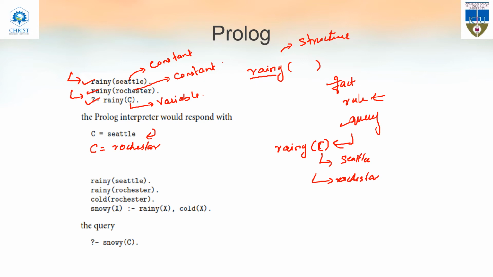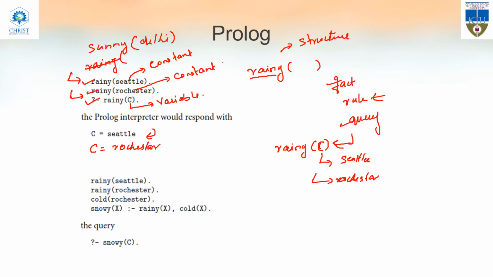Okay, let's consider there is one more fact: instead of rainy I am writing sunny of Delhi. I have written one more statement. The first fact is sunny of Delhi, the second one is rainy of Seattle, the third one is rainy of Rockstar.